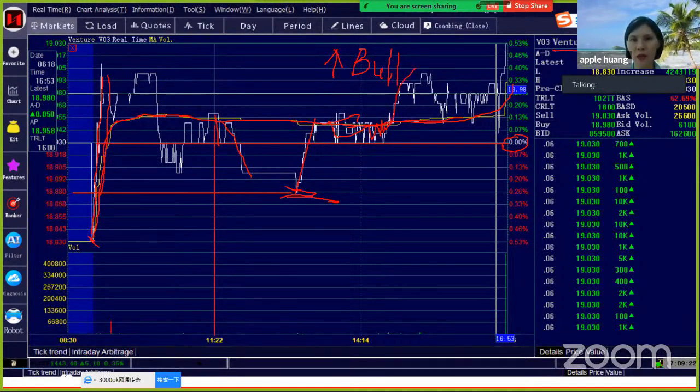Eventually, it broke out and pulled back, and then was supported by the average trading line, and then moved up. So you will see the track of the trading for the day very clearly.